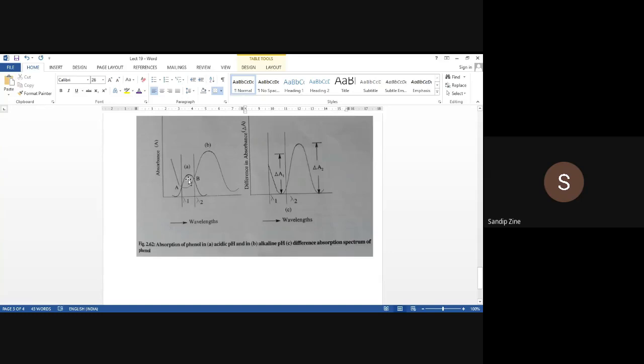See the difference, we are getting peaks at different places. The compound is the same, phenol, but we have scanned it in an acidic environment and in an alkaline environment.